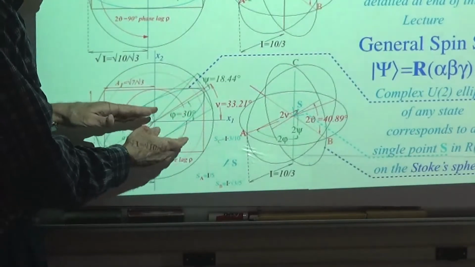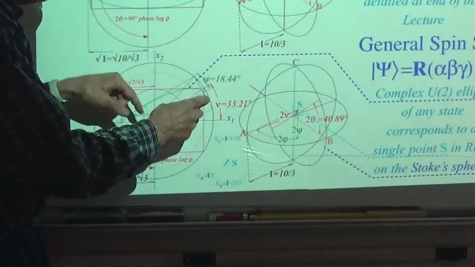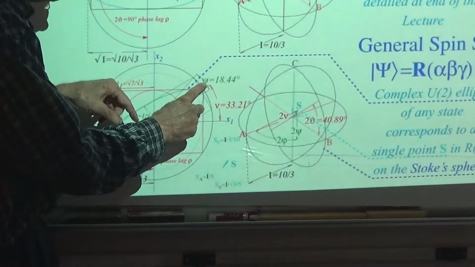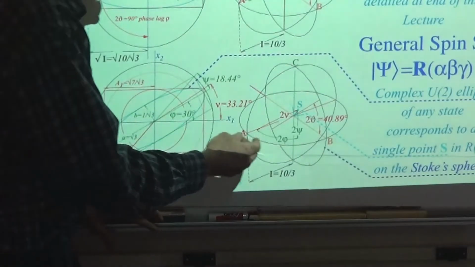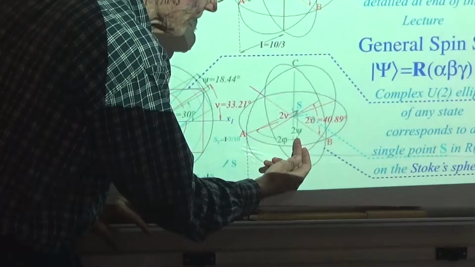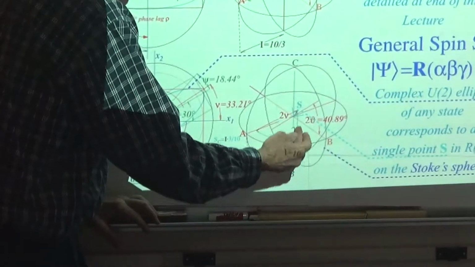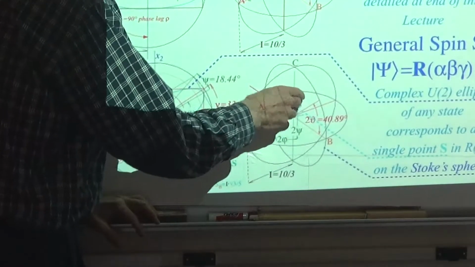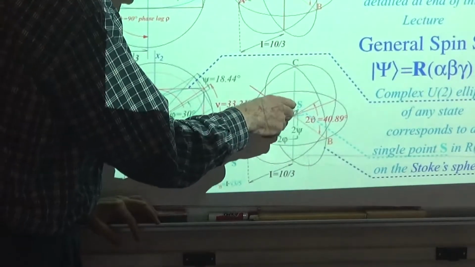And then the aspect angle of the actual ellipse, that's the psi here, twice that is the polar elevation, the polar angle, if we were using the C as a z-axis, would be right here.